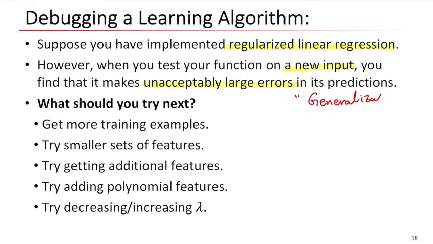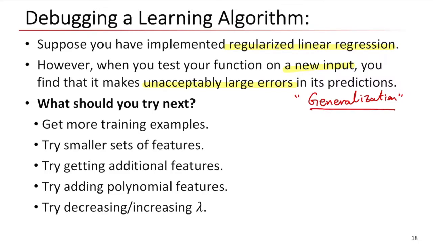Generalization means our machine learning algorithm should produce good predictions even on new input, or on a new testing dataset. If we can't do that, we say it has low generalization power.